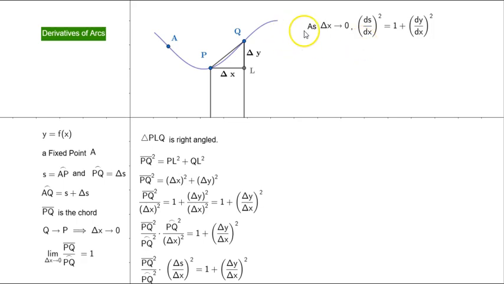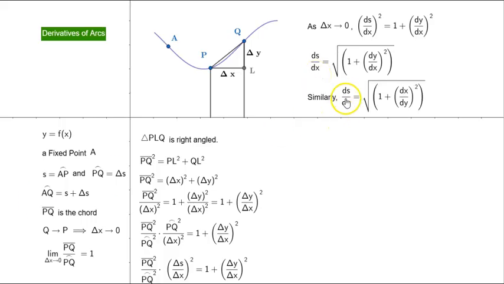So we have, as delta x approaches 0, ds by dx whole square is equal to 1 plus dy by dx whole square, which can be written as ds by dx is equal to square root of 1 plus dy by dx whole square. So we have arrived at the derivative of the arc with respect to x.